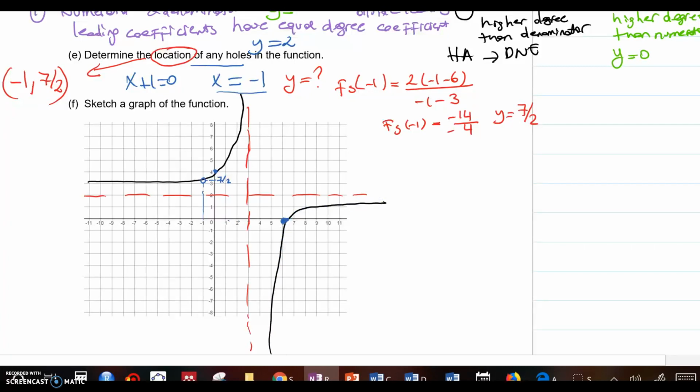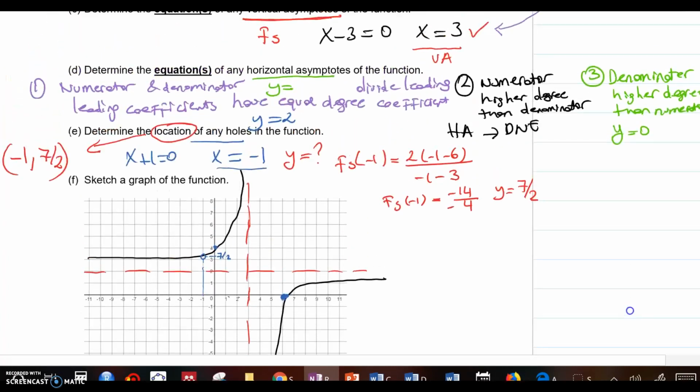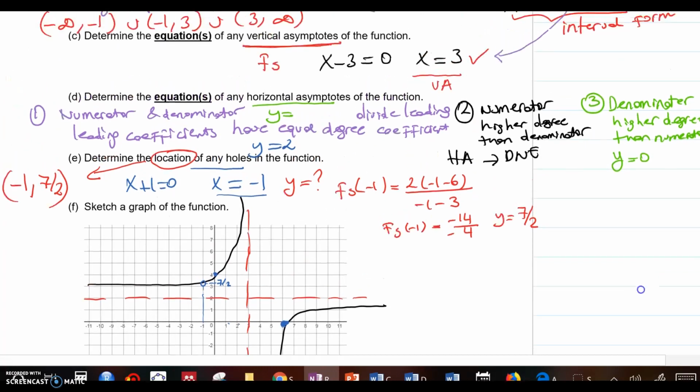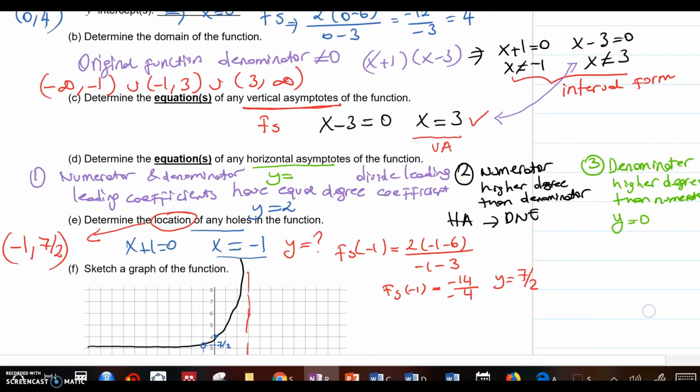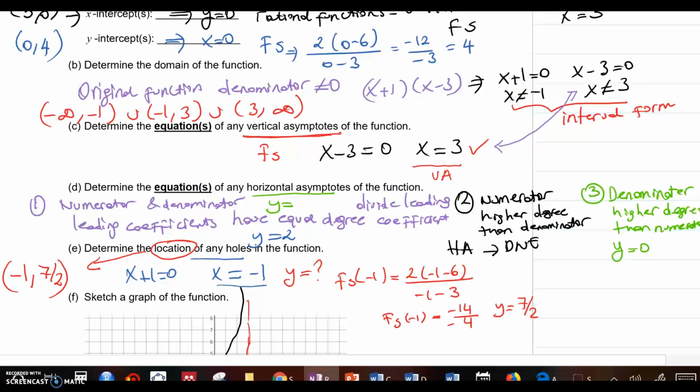Okay, so thank you for listening to me. I wanted to share this example of a solution to a rational function problem. Again, the parts that students might usually make mistakes on. The location of the hole, you need to give it with the y coordinate. You need to plug that x value into the simplified function form.